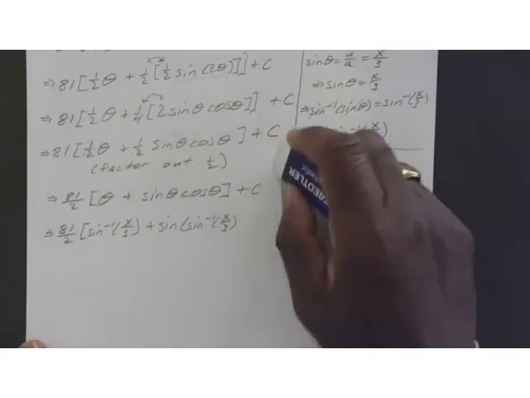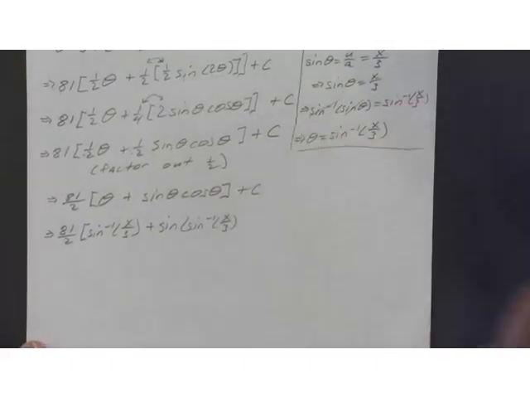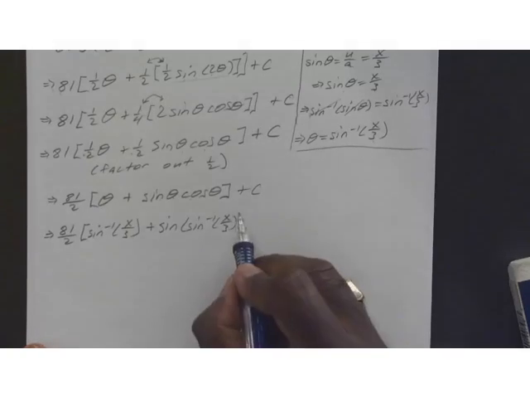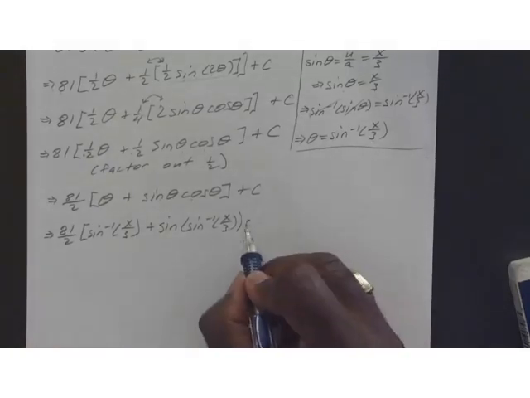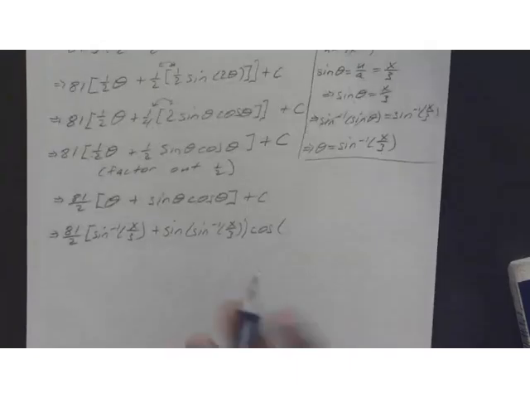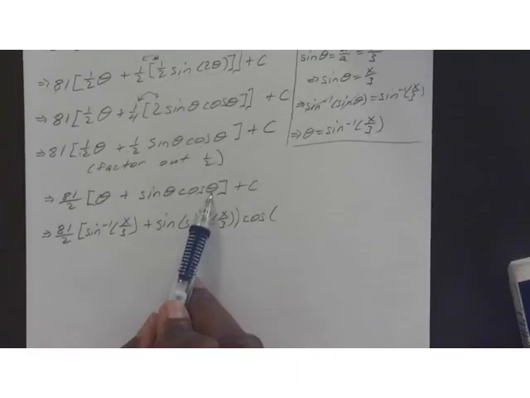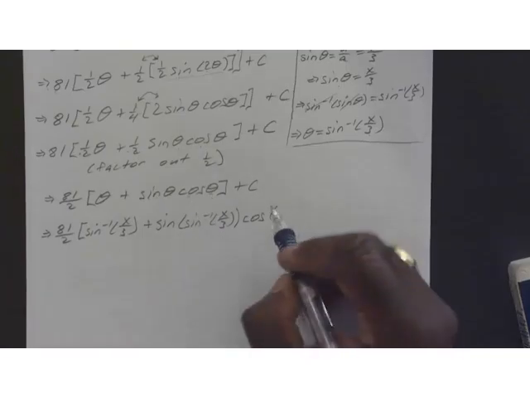Yep, this is going to be a long one, so let me erase that line. Times cosine of theta, which is cosine of sine inverse of x over 3.